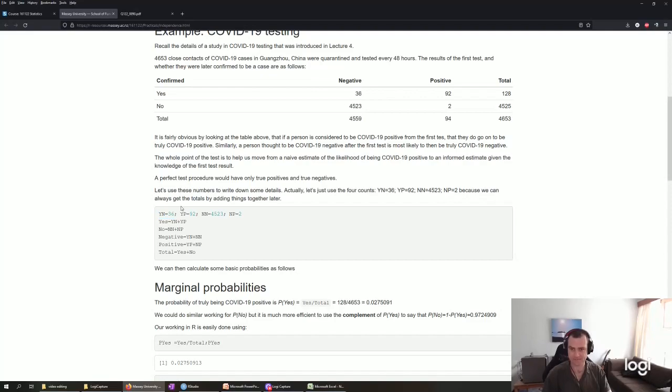YP is yes, you had the virus and initially tested positive. NN is no, you didn't have the virus and you tested negative. And NP is no, you didn't have the virus, but you did test positive, the false positive group. Then our marginals just add those together, and a total adds the marginals together.